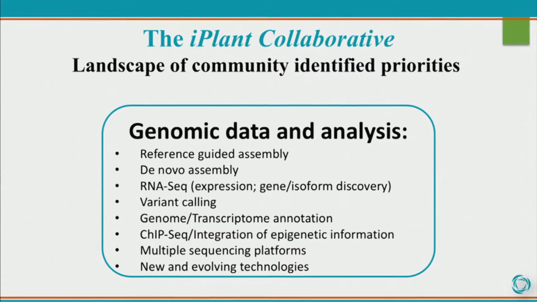So being able to do reference or de novo assemblies, RNA-seq, variant calling, ChIP-seq, those types of technologies, if you come to iPlant, you will definitely find the capabilities and resources for doing those. But one key differentiator, I think, of iPlant is that we have not just been solely about genomic data sets.